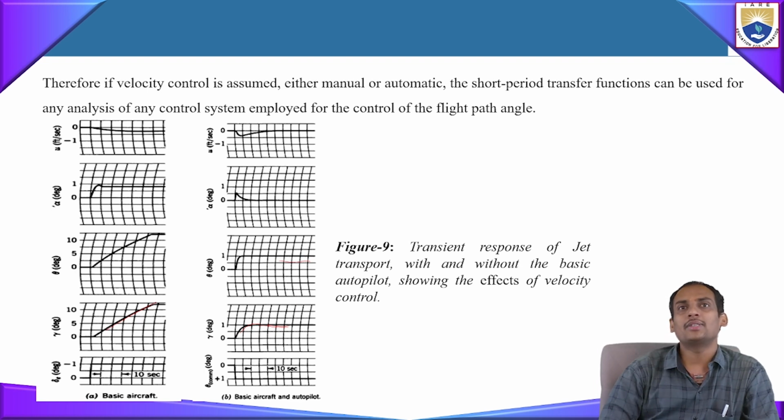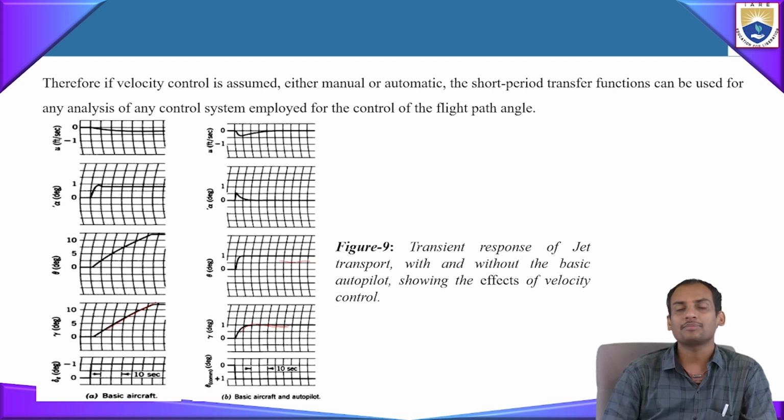Therefore you can see the velocity control is assumed to be either manual or automatic, and the short period transfer function can be used for analysis of any control system employed for control of the flight path angle only.